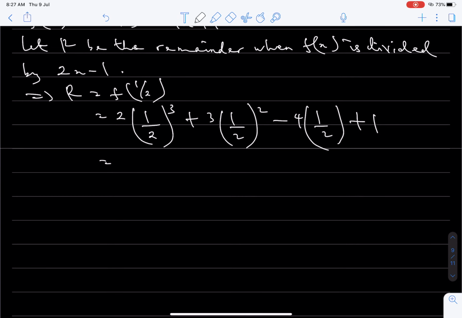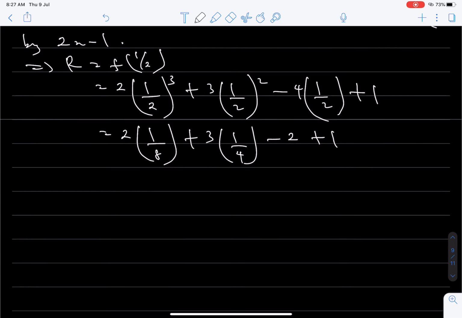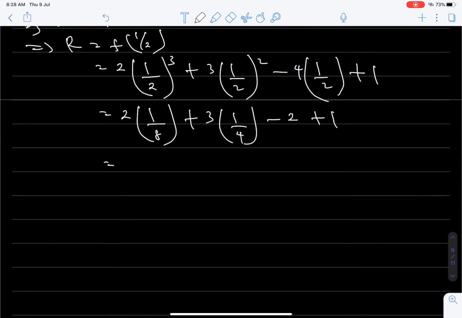And that's equal to 2 times 1 over 8 plus 3 times 1 over 4 minus 2 plus 1, which is the same as 1 over 4 plus 3 over 4 minus 2 plus 1, and that's 0.